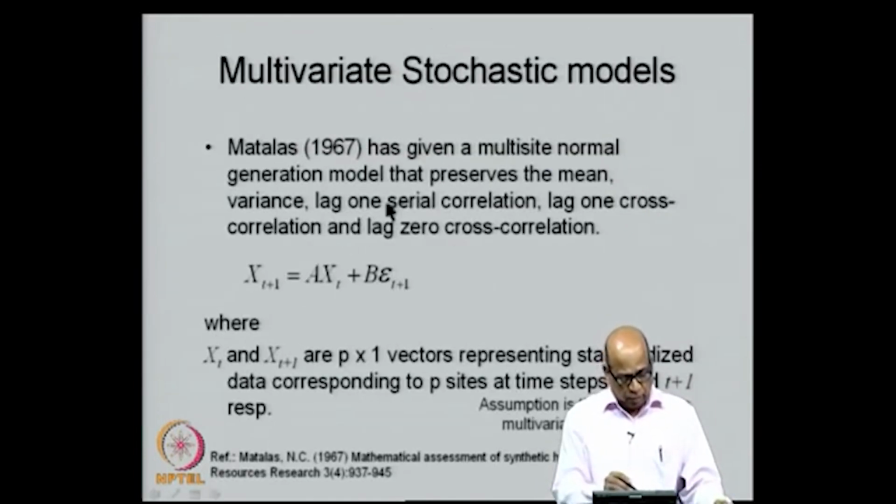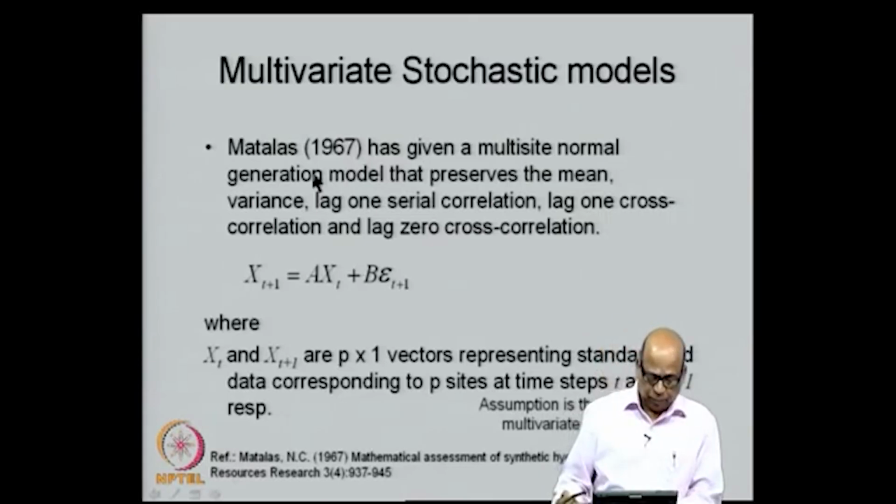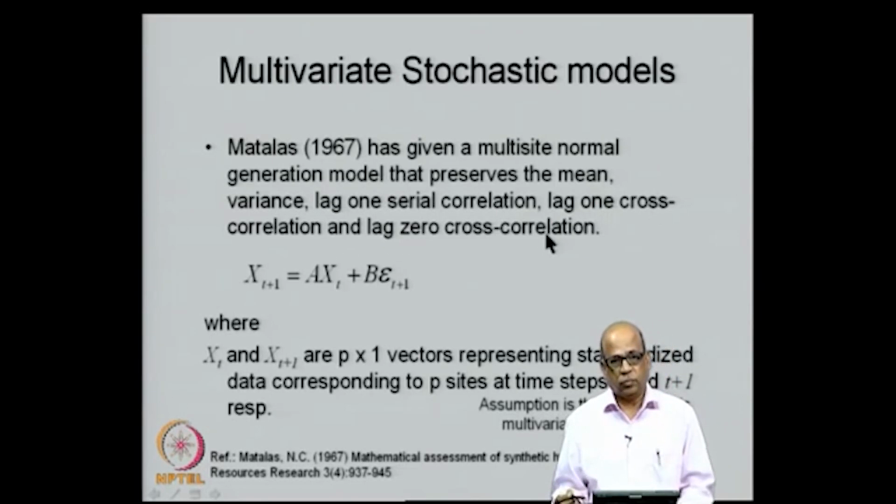Now, this is a form that was given by Matalas. This is a multi-site normal generation model, and it preserves the mean, the variance, lag 1 serial correlation and lag 1 cross correlation and lag 0 cross correlation. Distinguish between the serial correlation and the cross correlation.